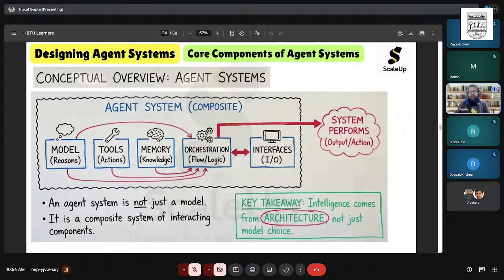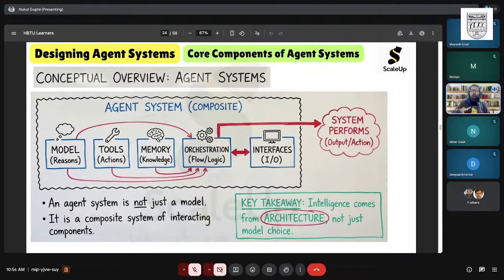So an agent system is not just an LLM. When we talk about an agent, it is not just a large language model, it is more than that. An agent will also have tools, memory, and orchestration. It is a composite system of interacting components. The key takeaway is that intelligence comes from architecture, not just from model choice. This is a very important insight.